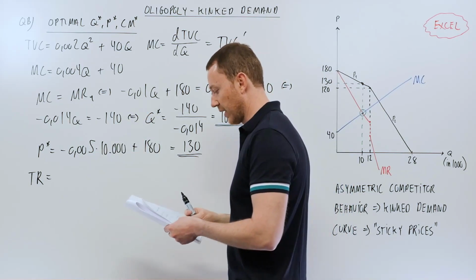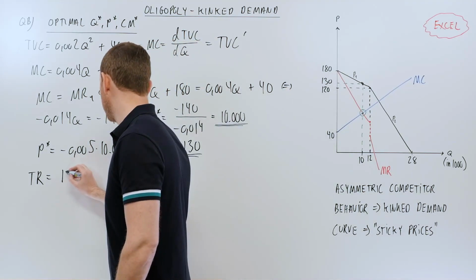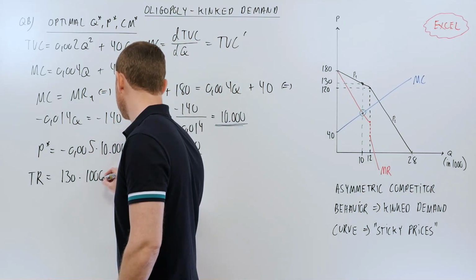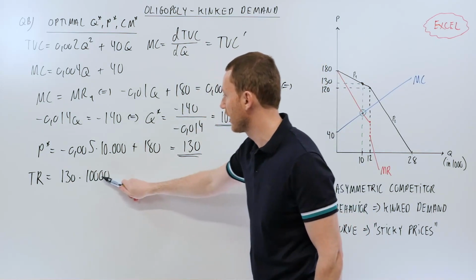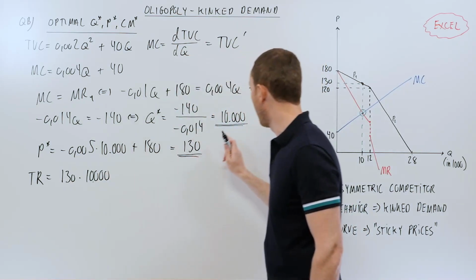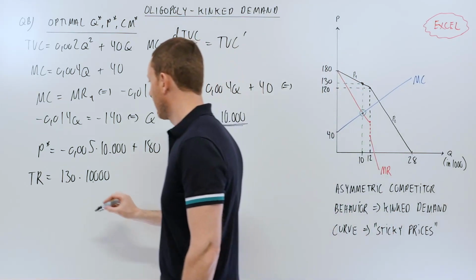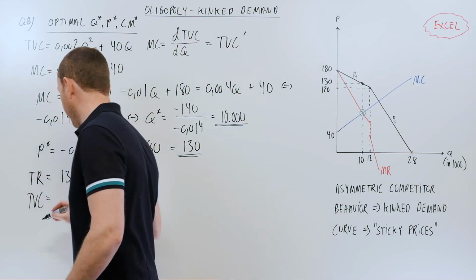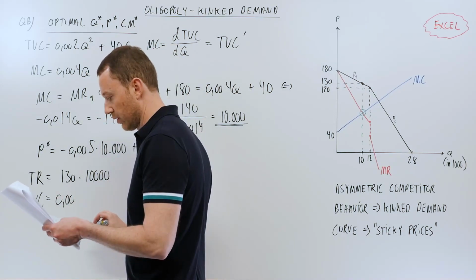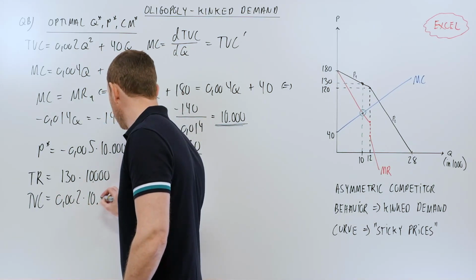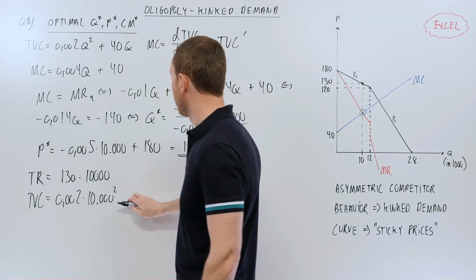So let's just calculate it here. So it's price times quantity. So our total revenue would be 130 times the quantity of 10,000. The total variable cost would be 0.002 times 10,000 to the second.